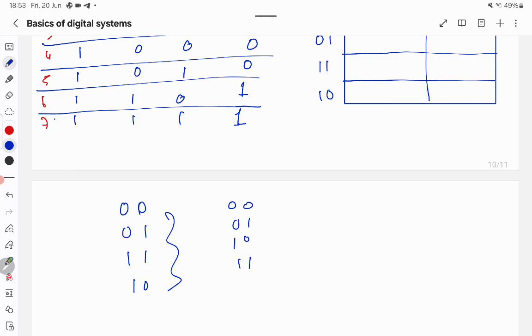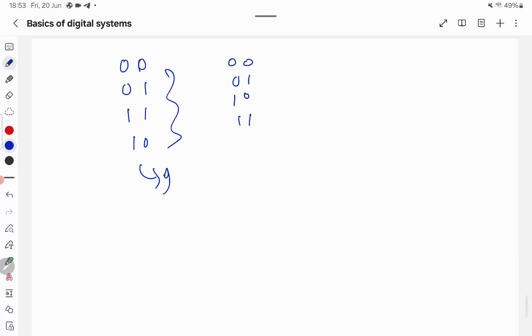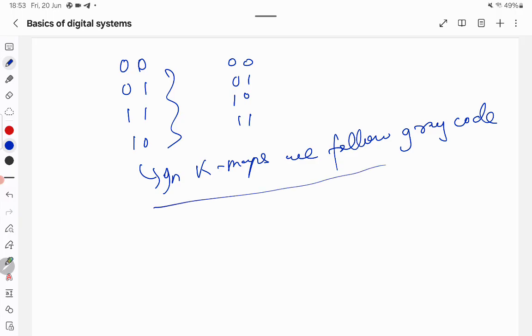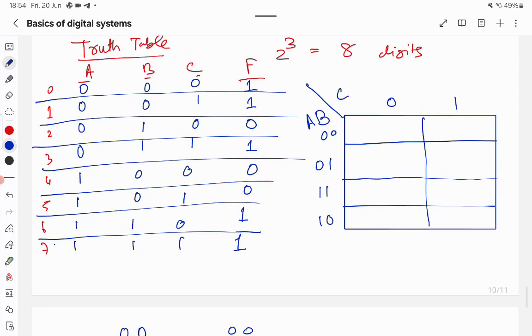Because in k maps we follow gray code. So whenever we are drawing the k maps, basically we will follow our gray code. Since c is a binary variable, it has 0 or 1. A can be 0 or 1, B can be 0 or 1.